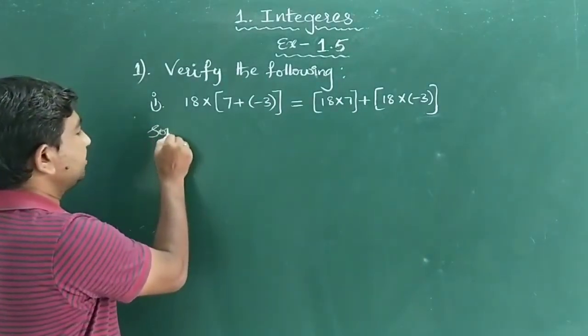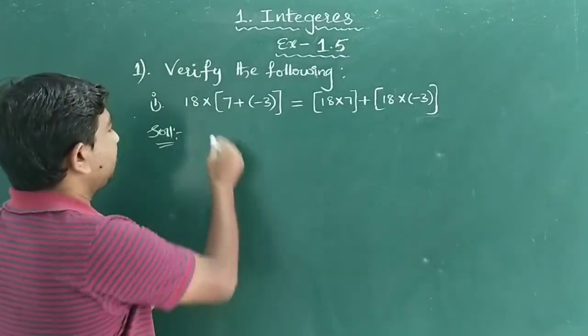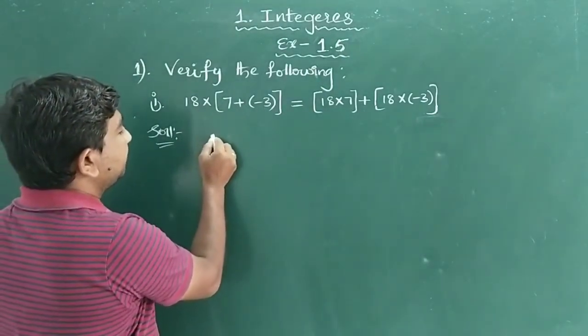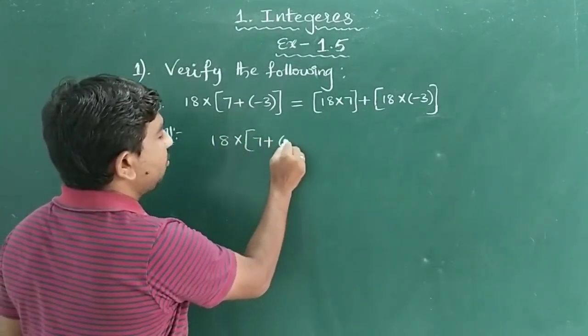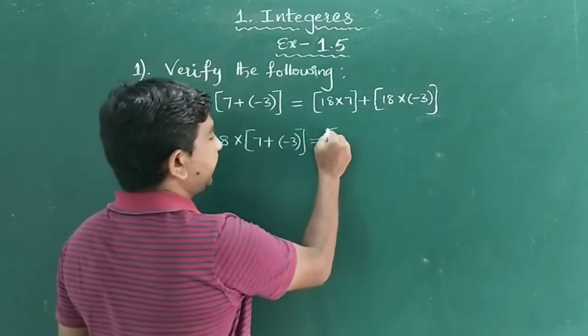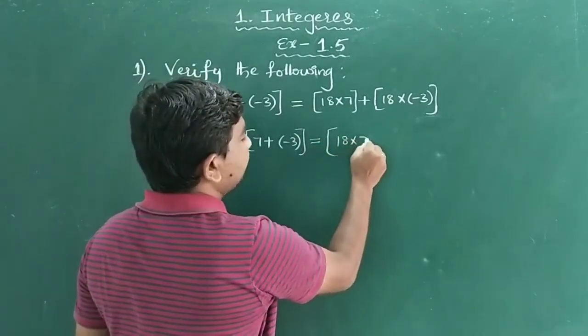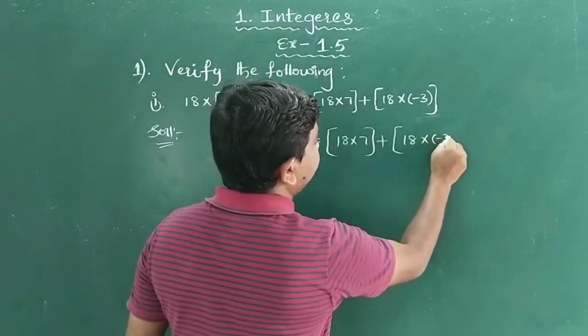So now, see the solution. We have to take the LHS value first. So 18 into (7 plus minus 3) as it is, and the right hand side value, 18 into 7 plus 18 into minus 3.